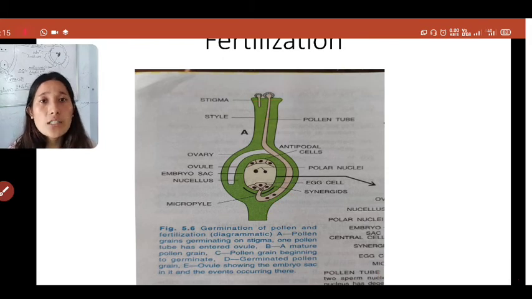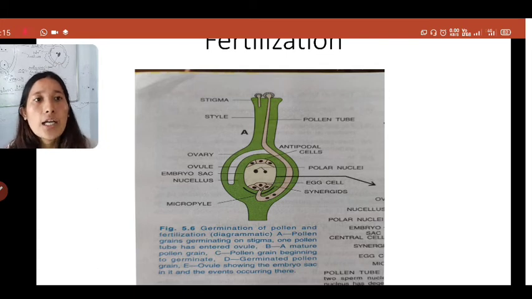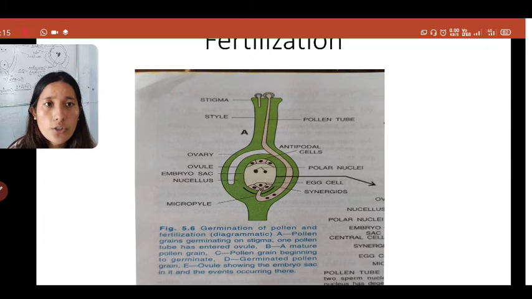Now the sperm nuclei enter the synergids through the micropyle. You know what is micropyle, right? It's a pore in your ovule region to which your pollen tube is going to connect.